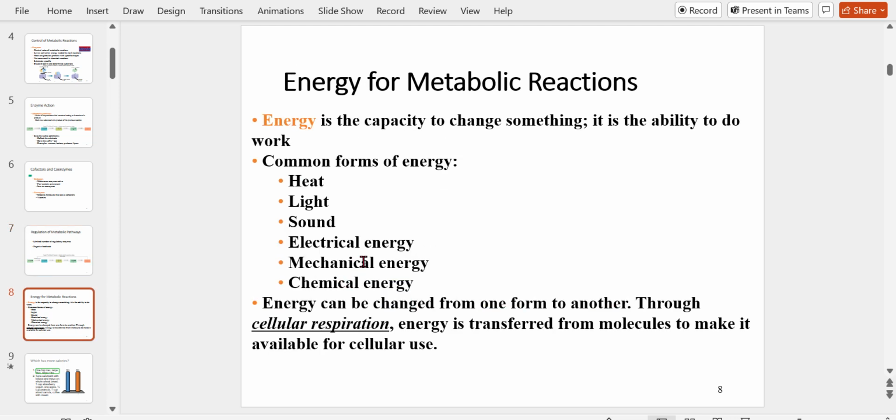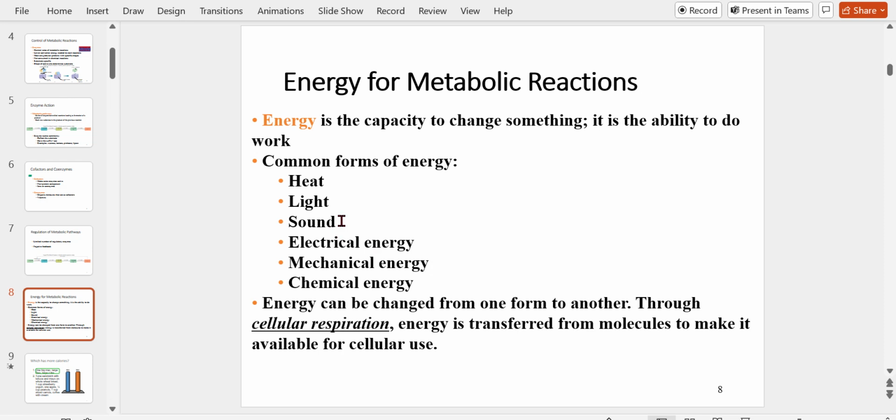So energy for metabolic reactions. Energy is the capacity to change something. It is the ability to do work. Like a battery, which has a positive end and a negative end. Once you have this, you are able to do work. Common forms of energy: heat, light, sound, electrical energy, mechanical energy, chemical energy.